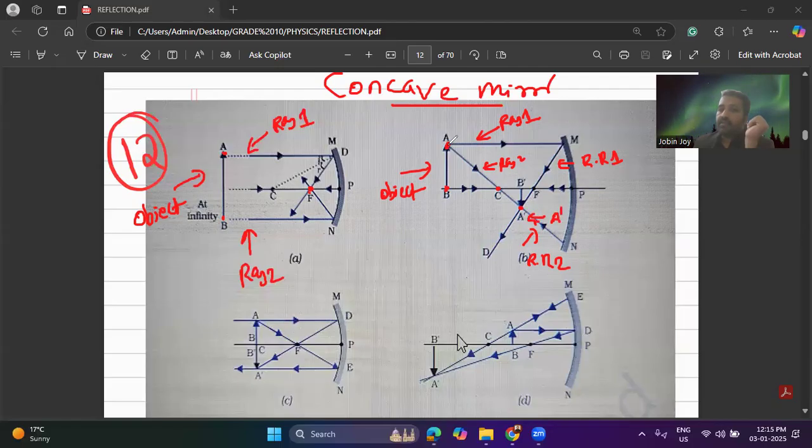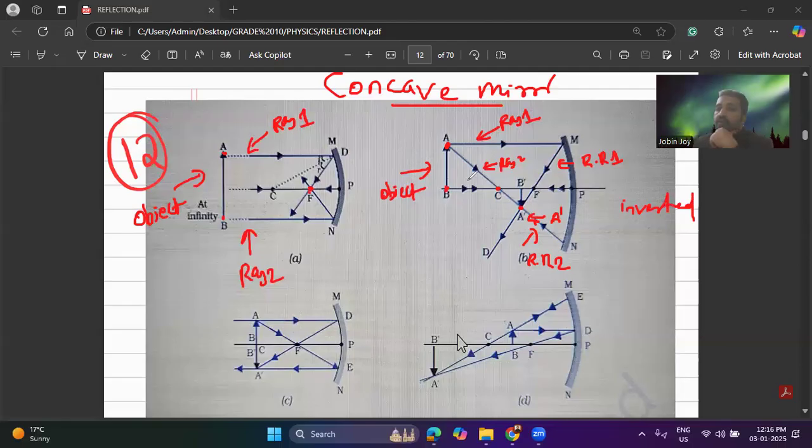I am considering point A, and we will get the image. This is the point A of the object, and A dash is the image of this object. We will be getting an inverted image because A dash is below the principal axis. So A dash is the inverted image. That means the image is inverted.